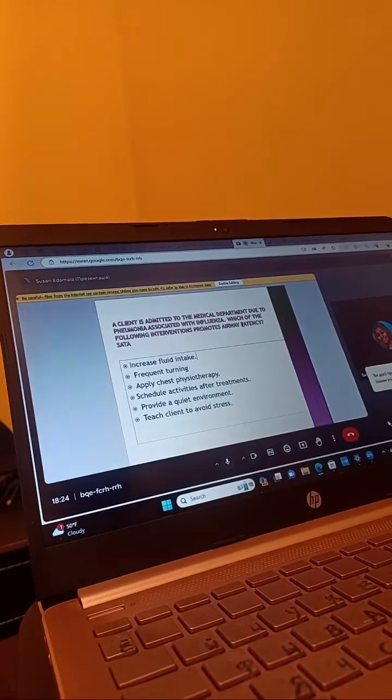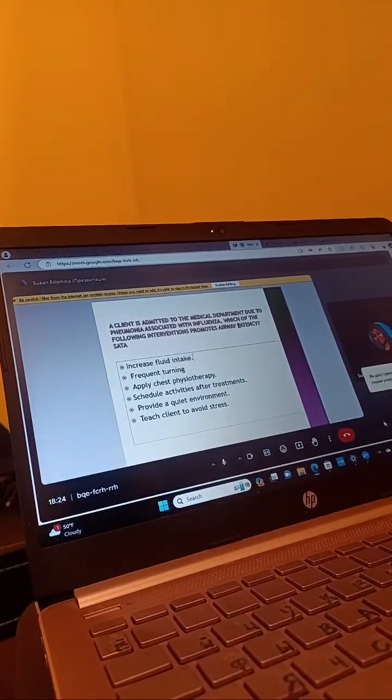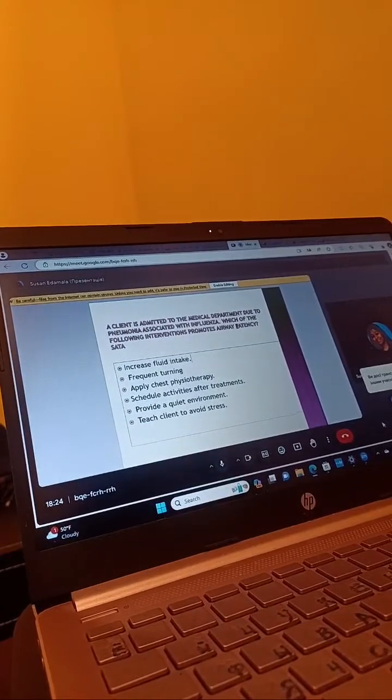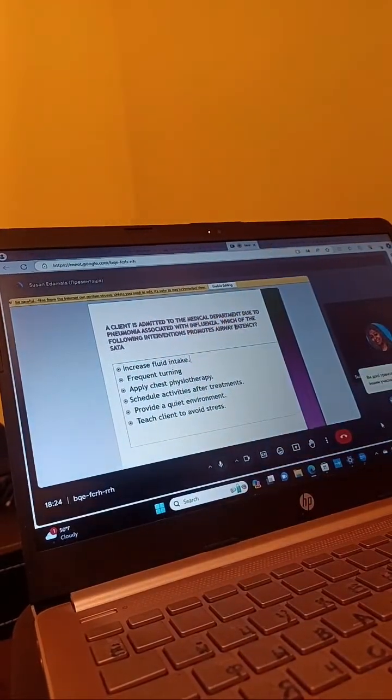Yes, it can help, especially if the person is staying in one position. What about a quiet environment? Will it help with airway patency? No. So frequent turning, yes, can help, chest physiotherapy and increase fluid intake. So A, B, and C? Yes.